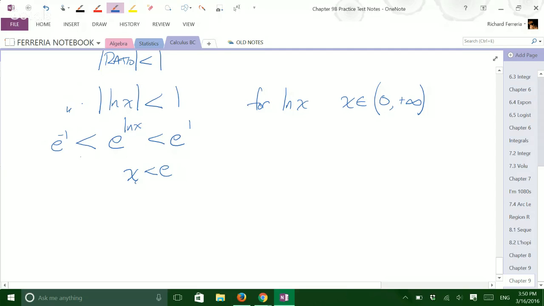Hang on, I don't know why I'm questioning this right now, but what we're saying is that the natural log of x should be between -1 and 1. That obviously makes sense because natural log of x is not always greater than 0, right?